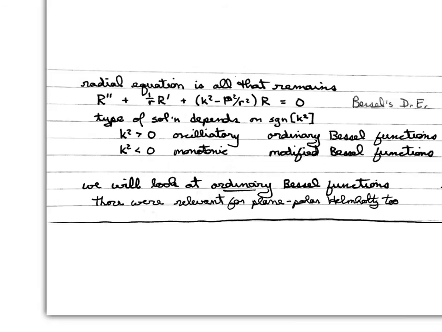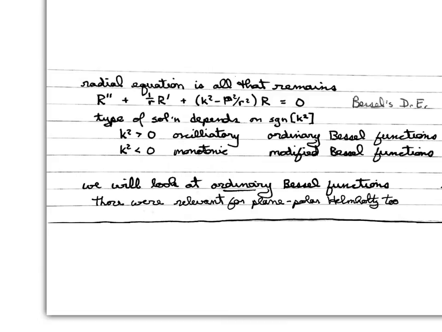If k squared is less than 0, then we remember that both the theta and z solutions in that case were oscillating, so the radial ones will have to be monotonic for everything to be self-consistent, as mentioned in class. And so in this case, the solutions would be what's called modified Bessel functions.